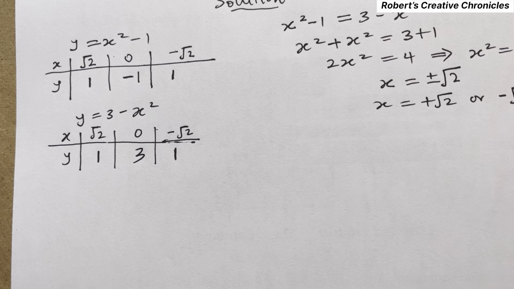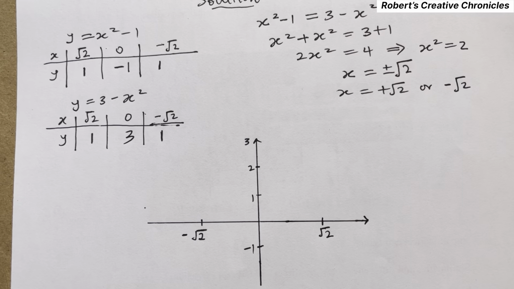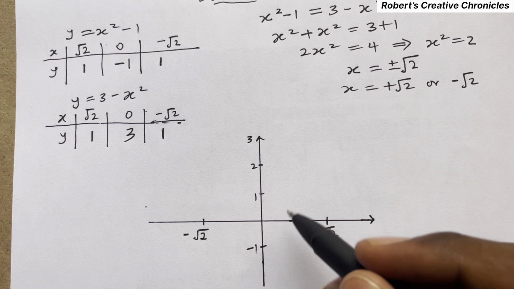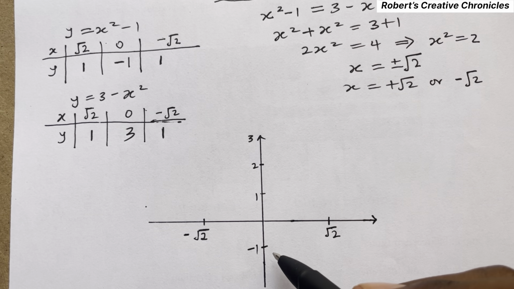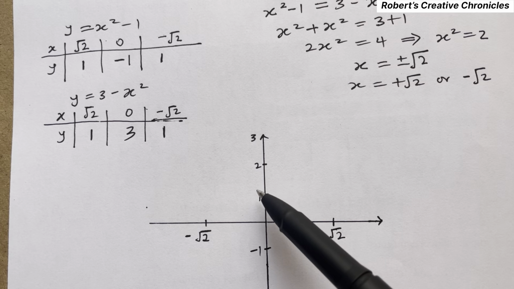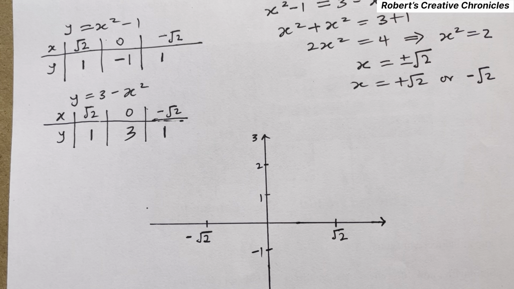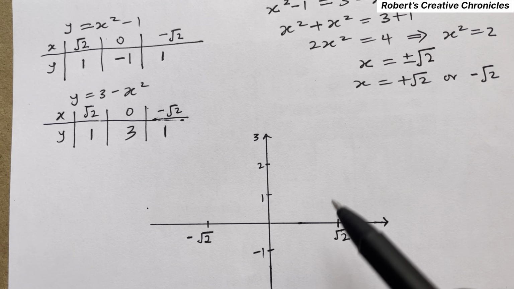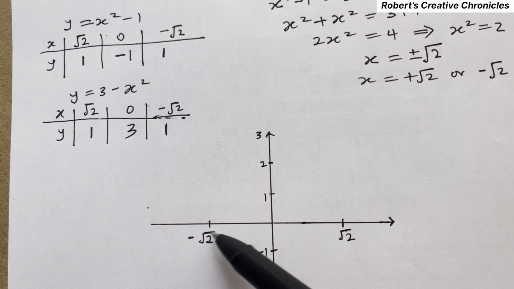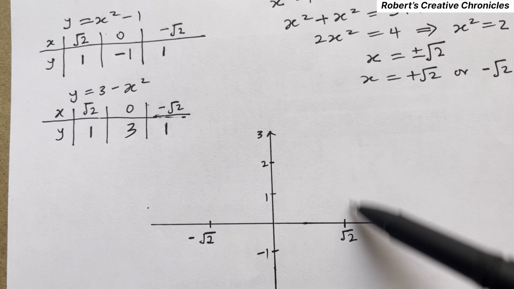So now, here are the coordinates. So here is the Cartesian plane. So here is negative root 2 and root 2. Then here is 1, 2, 3 and negative 1. Then we can trace out these points, but they meet at this line.